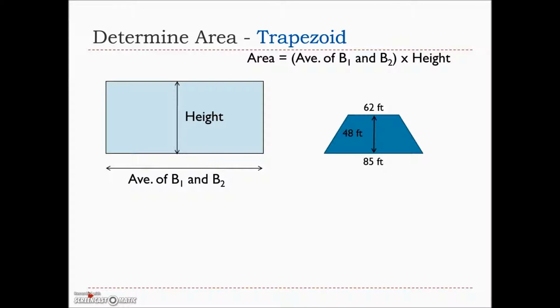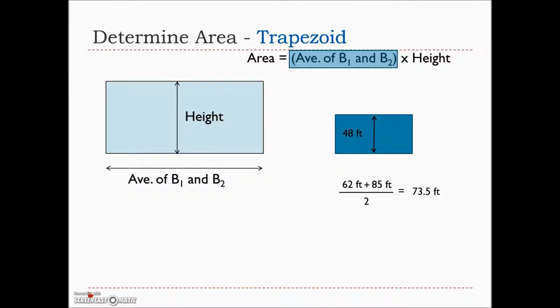And then in this example, we're going to take the bases. We're using the subscript B1 and B2 for those. We're going to average those 2 lengths. They're the sides that are parallel to one another. We'll add 62 and 85 and divide the result by 2, which gives us an average base length of 73.5.